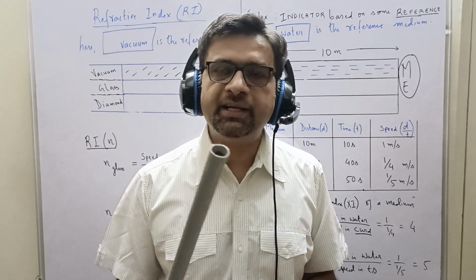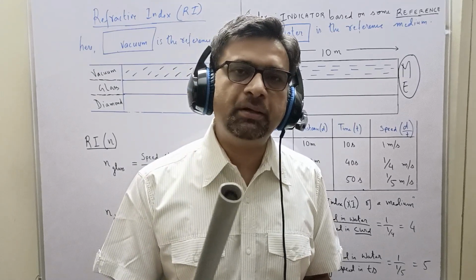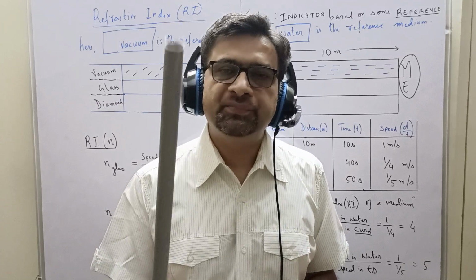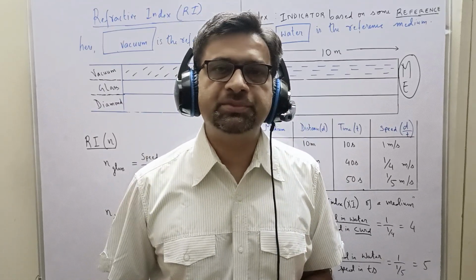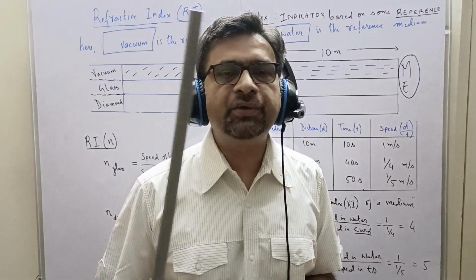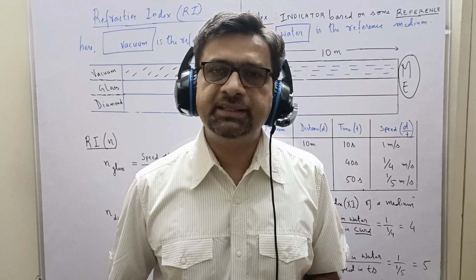I repeat, refractive index is a number. And why is it a number? It is a ratio, and therefore it has no units. It's a number that tells me how many times the speed of light in vacuum, the reference medium, is greater than the speed of light in that medium.